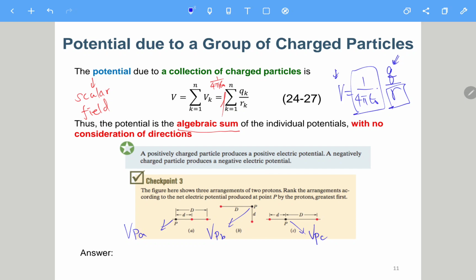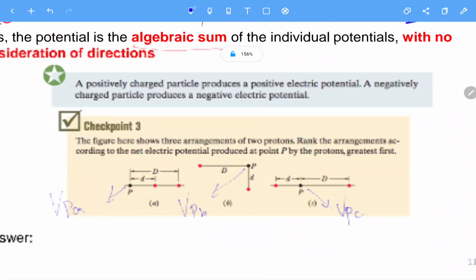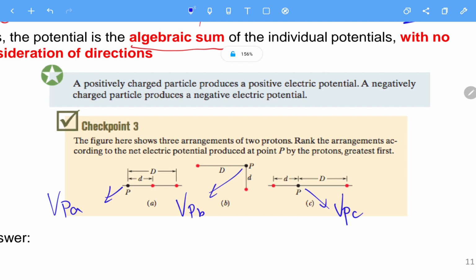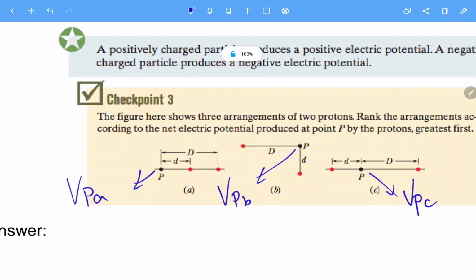没有人有答案吗？哪个最大？没有答案，没有答案。那我说了，so actually, the answer is they are the same. VPA equals VPB equals VPC.